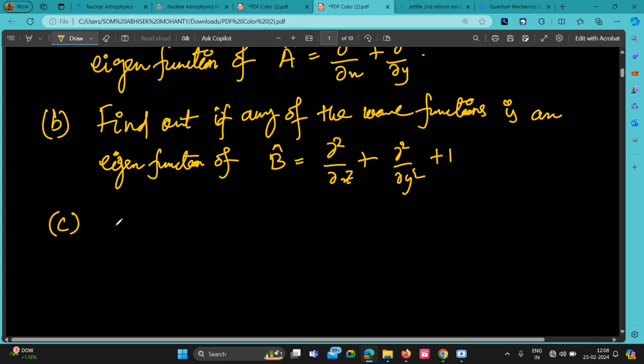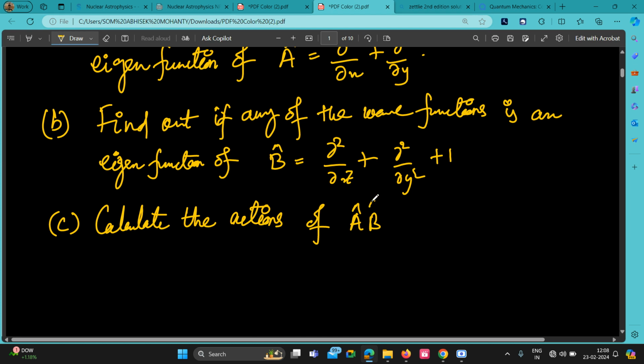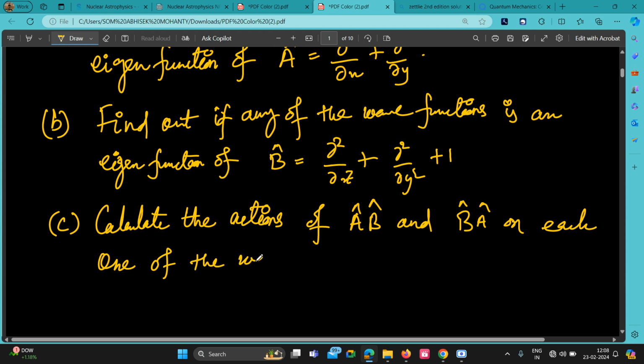Bit C: calculate the actions of A, B and BA on each one of the wave functions and infer.